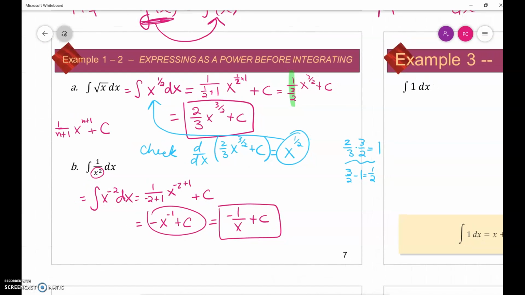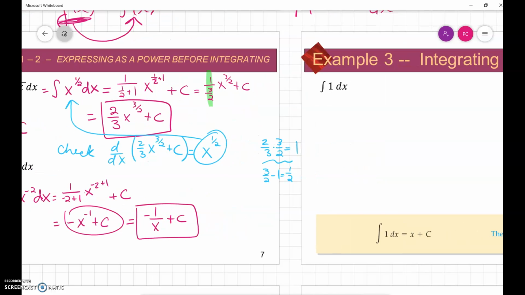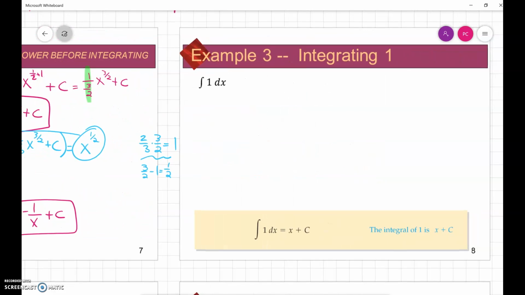All right, the last one that we have here in this grouping is the integral of 1 dx. All right, 1 is the same thing as 1 times x to the 0. Okay?